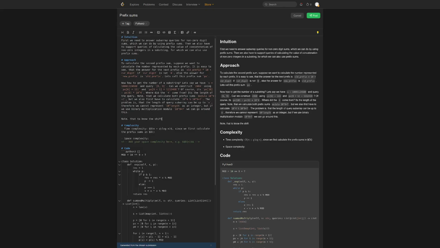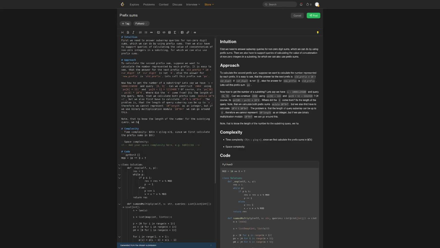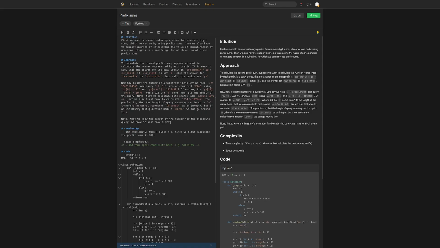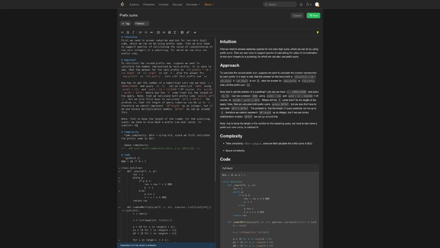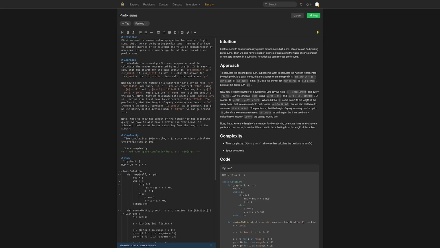Note that to know the shift length of the number for the substring query, we have to also have a prefix sum over zeros to subtract their count in the substring from the length of the substring.